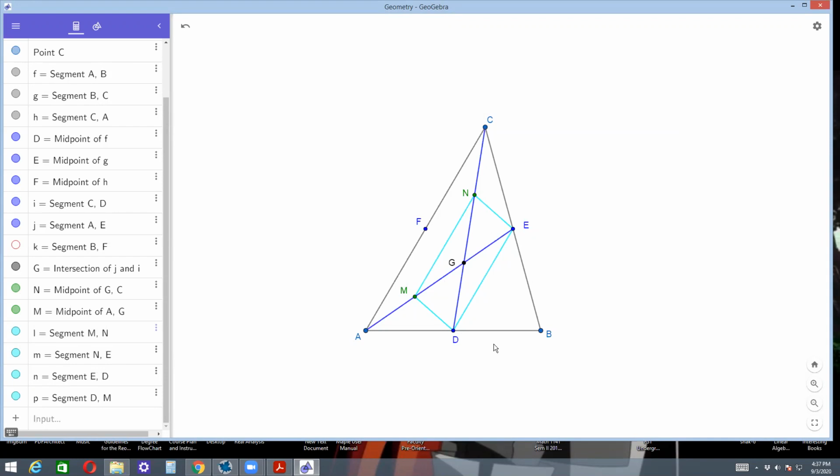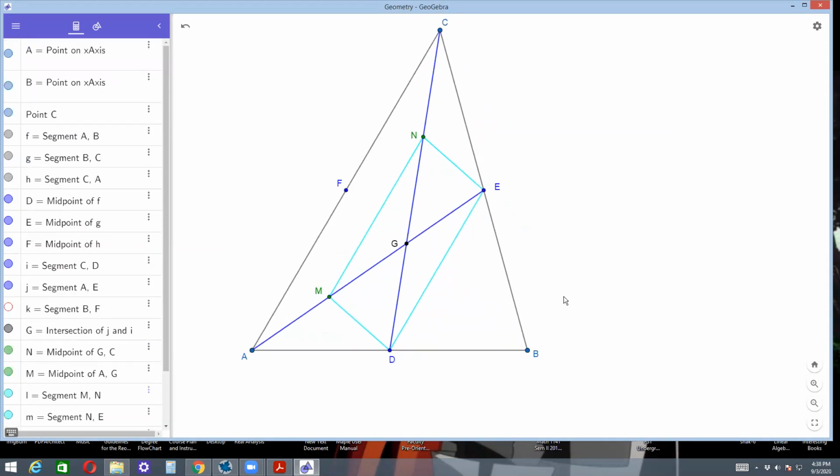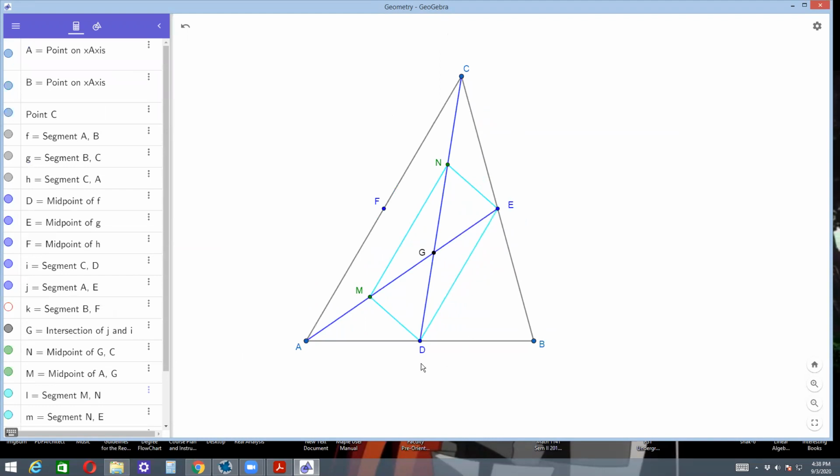Well, what do we know about D and E? How are D and E defined? They were midpoints. Correct. D and E are midpoints. What special theorem did you see with midpoints?